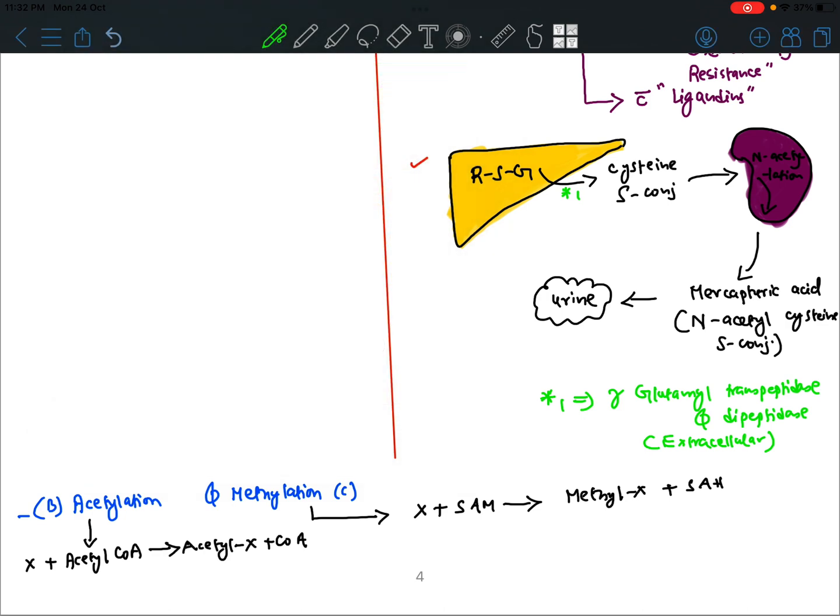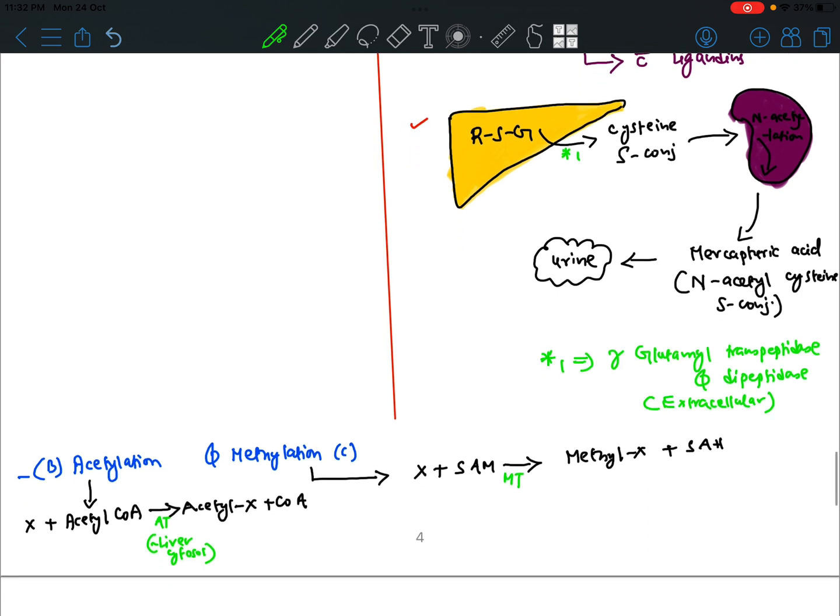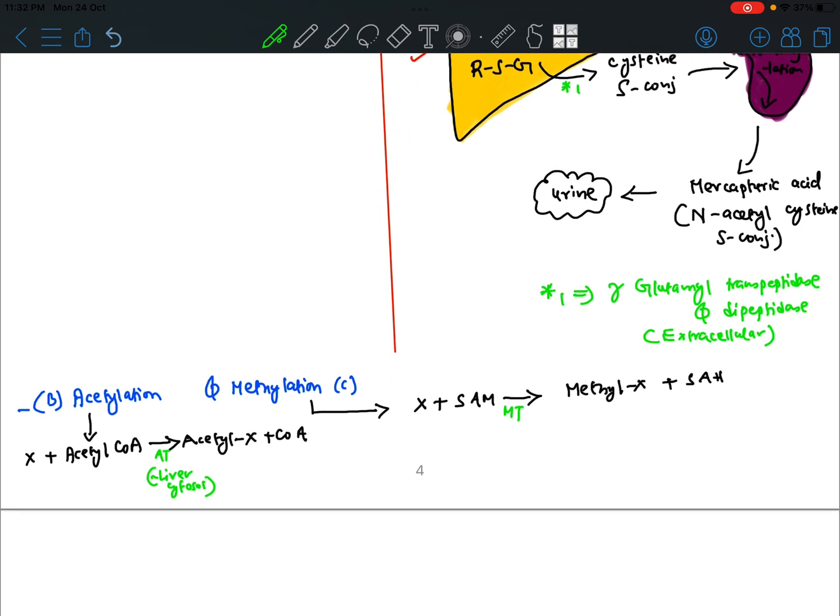Again the enzymes will be acetyl transferases, present mostly in liver cytosol, and here methyl transferases.